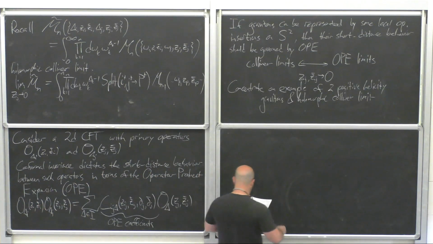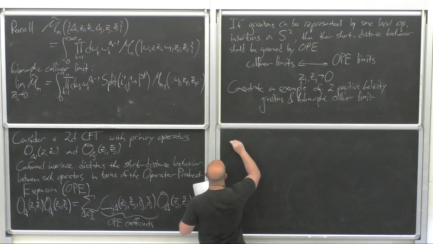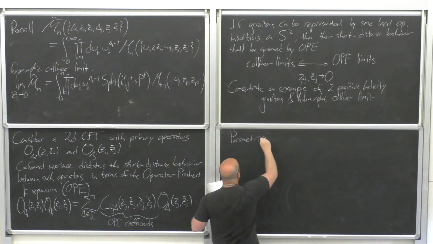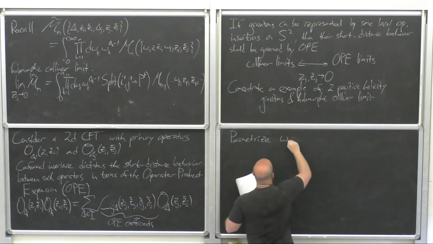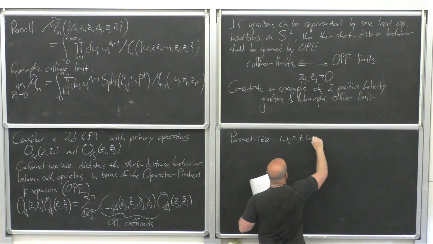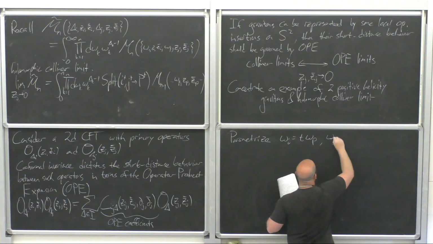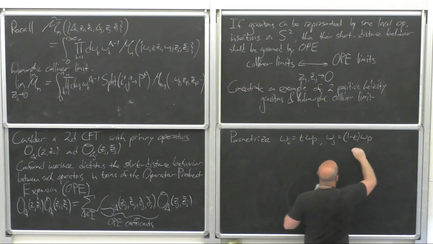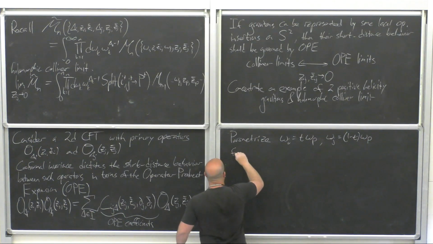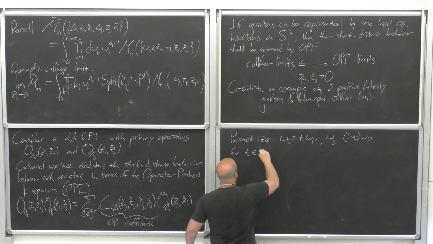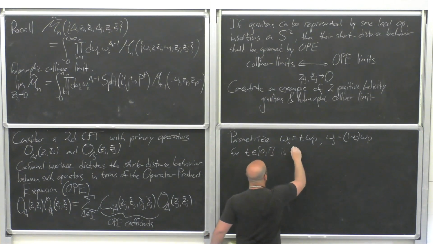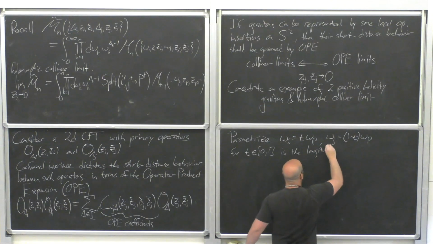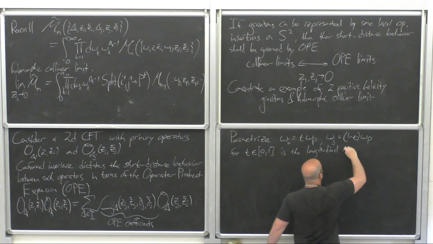And it's useful to do a change of variables, so parameterize omega i as being t times omega p and omega j as 1 minus t times omega p. So this t in the unit interval is like the longitudinal momentum fraction.